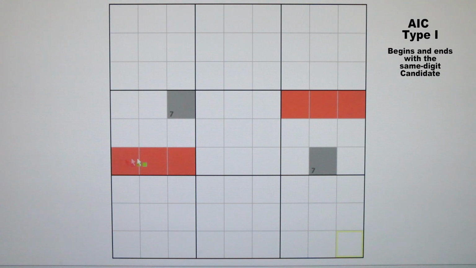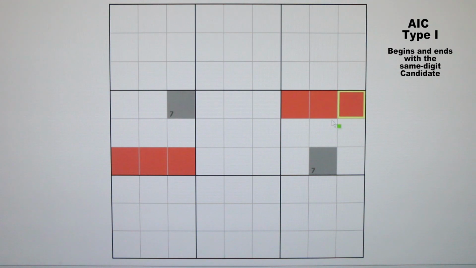And likewise, these 3 red cells see this 7 because they are in the same row, and they see this 7 because they are in the same block. So if there is a candidate 7 in any one of these 6 red cells, they are false. Now, most of the time it doesn't occur that there are all 6 of them. There may be 1 or 2 or 3. But any one of these red cells containing a 7 in this case would be false, because one of the gray 7s is true.